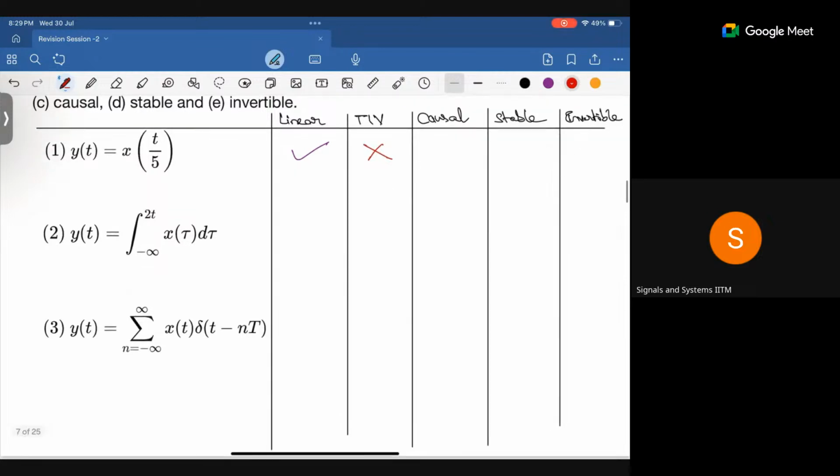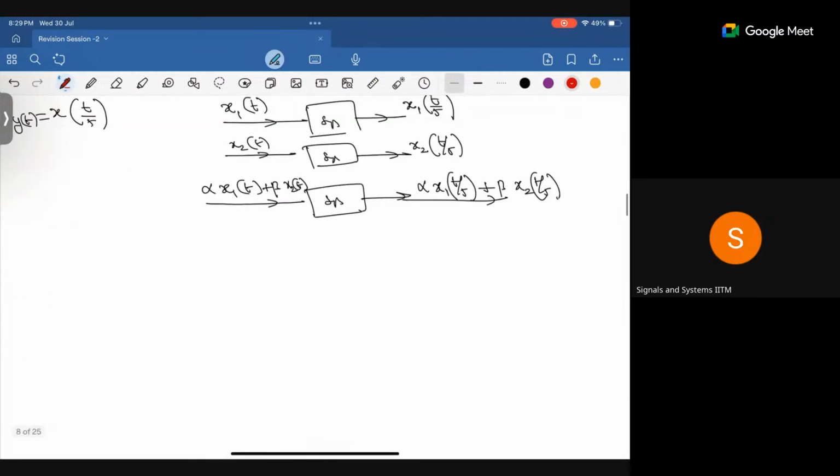You scale by any amount, it will not be time invariant, because you can check. You input x of t to the system, the output will be x of t by 5, which is y of t. Then you delay.